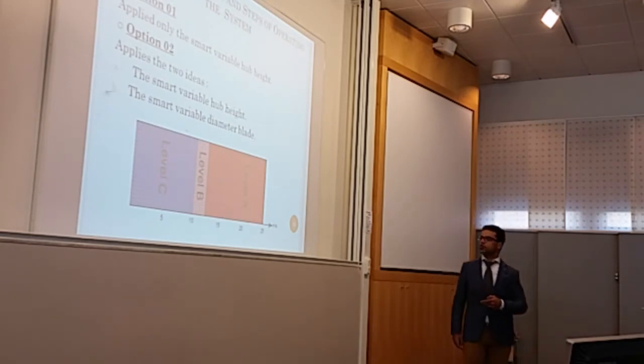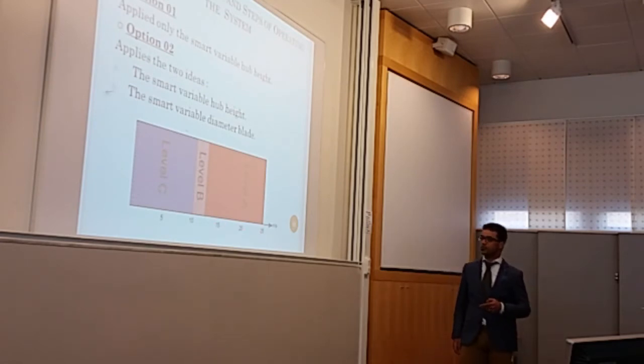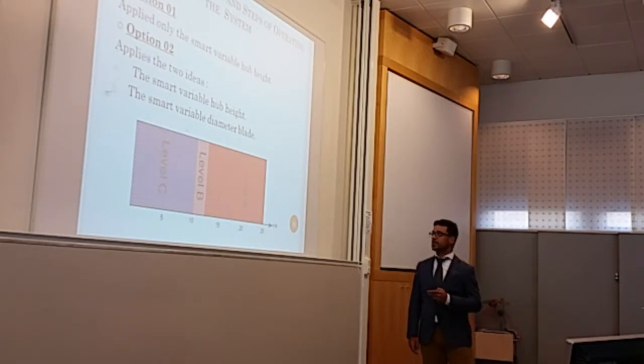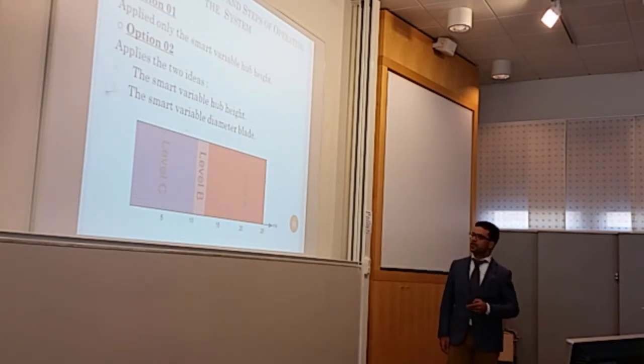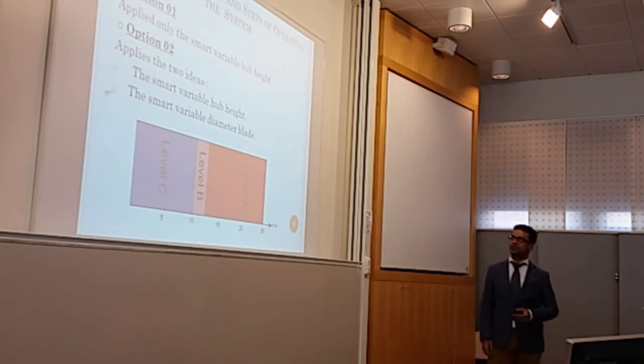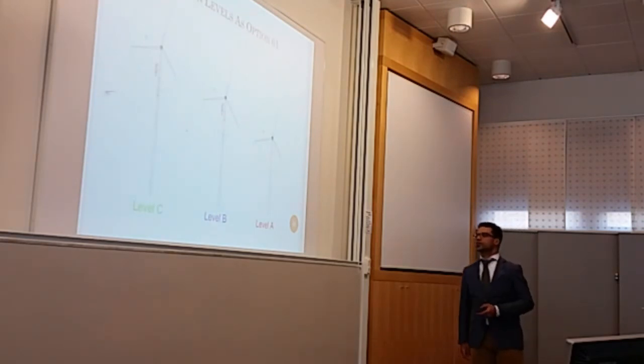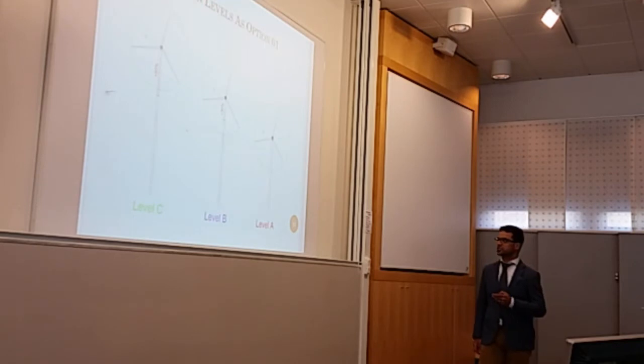Level A is normal, with no change, because the wind is already very high and we are reaching the optimal level of power, so everything stays the same. B and C, we will see what happens in B and C for every option. Now about option 1, level A, as I mentioned, everything is the same, original, nothing changed.